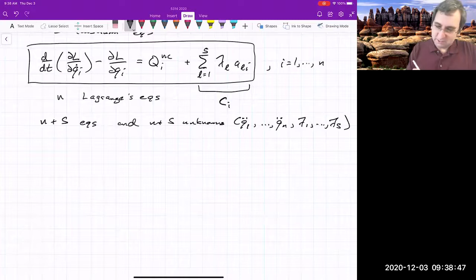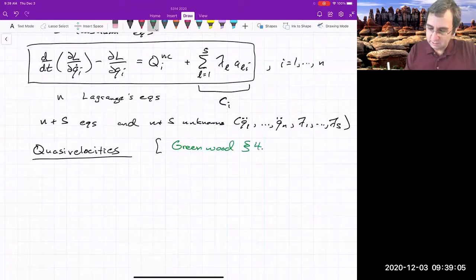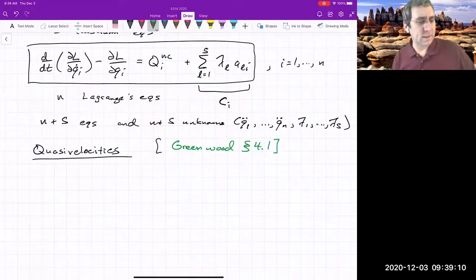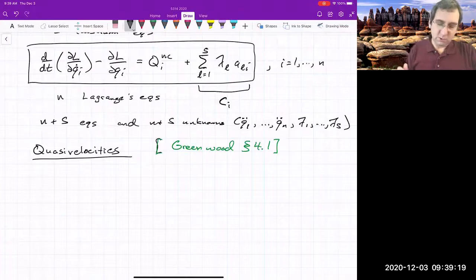Let's talk about quasi-velocities. A good reference for this is Greenwood, who discusses this very well in his section 4.1. Kasdin and Paley mention it, but they do not go into the depth of Greenwood. So if you want to read up on it, it's Greenwood.